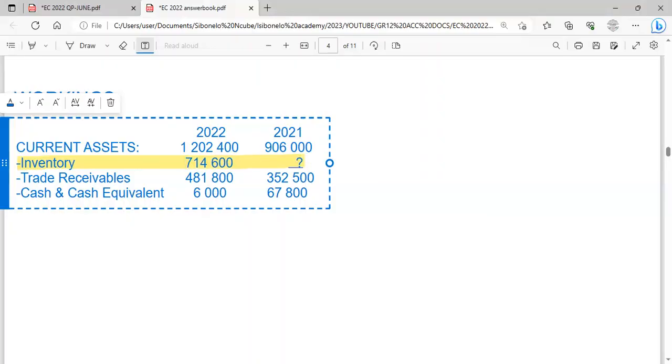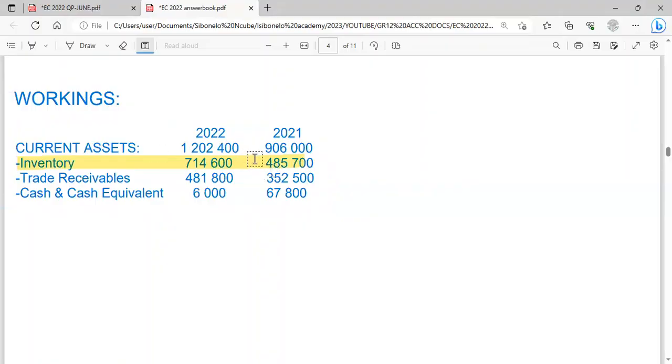For 2021, we take 906,000 current assets, subtract 352,500 receivables, and subtract the cash and cash equivalent balance of 67,800. This gives 485,700. So this is the inventory balance for 2021.